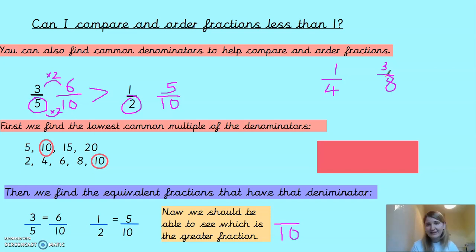Pause me, come back. Right, I would have turned 1/4 into eighths. 1/4 is the same as 2/8. So I know that that's going to be less than 3/8, because I can just compare the numerators. So therefore 1/4 is less than 3/8.